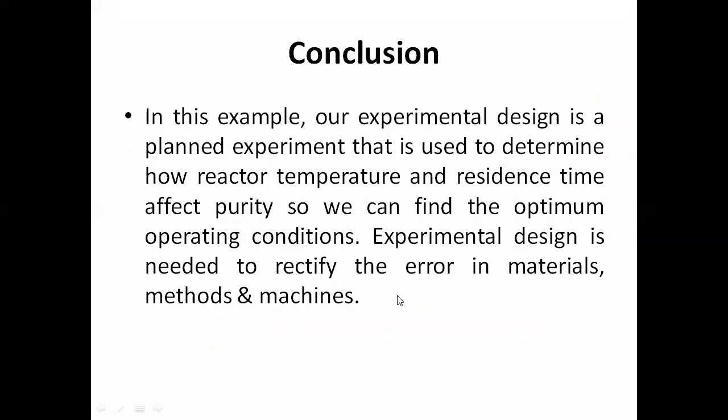In this example, our experimental design is a planned experiment used to determine how reactor temperature and residence time affect purity, so we can find the optimum operating conditions. Experimental design is needed to rectify errors in materials, methods, and machines.